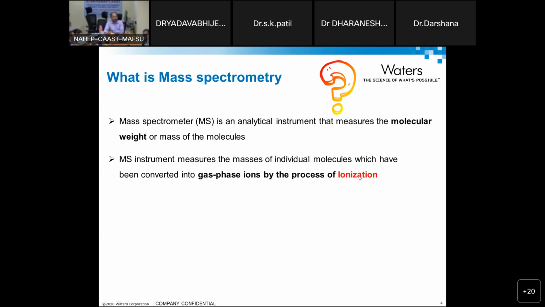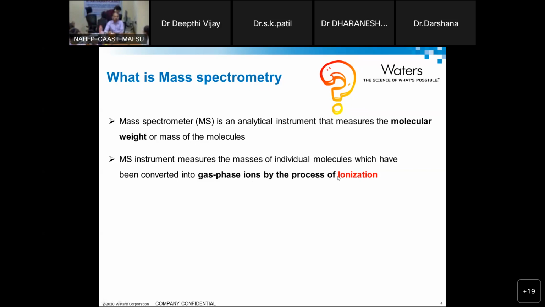In order to identify any particular molecule, first it has to be converted into gas phase ions by ionization. Okay, then and only then can it be detected. If the compound is not getting ionized in the mass spectrometer, then the mass spectrometer will not be able to identify that particular compound. So ionization of the molecules is very, very critical in mass spectrometry.